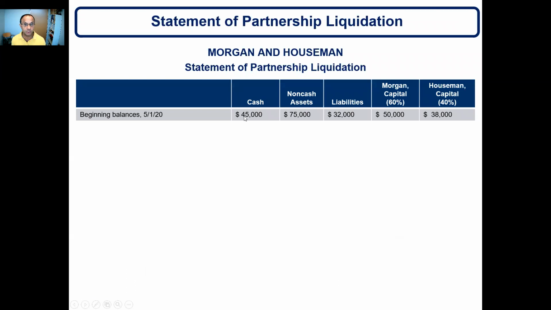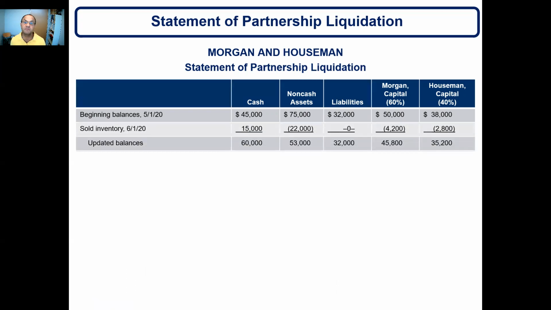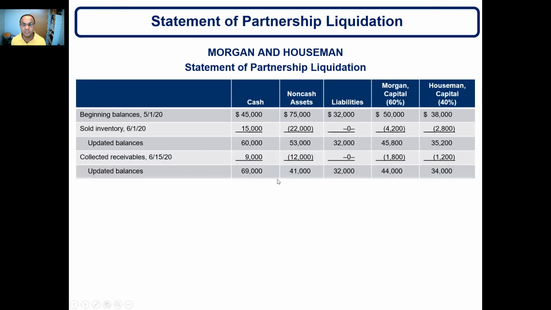So we put the cash, non-cash assets by 75, liability, and the capital accounts. And then we start building up this statement first by sales of inventory, where the cash was debit, the non-cash was credit, and the capital accounts were debited. So here we get it, and here is the balance.